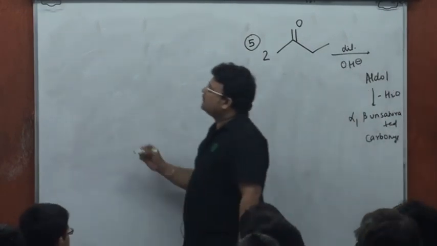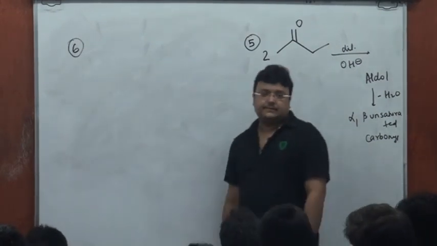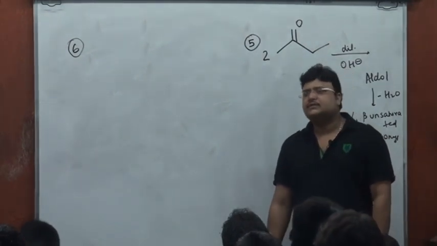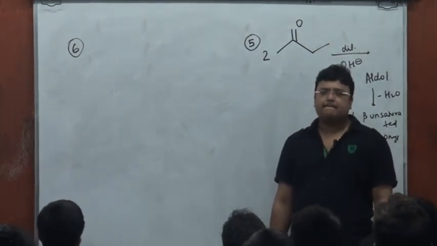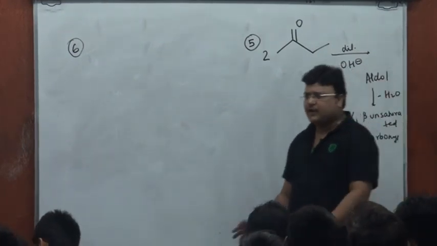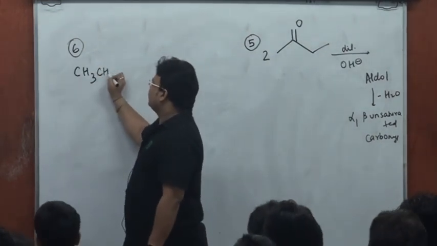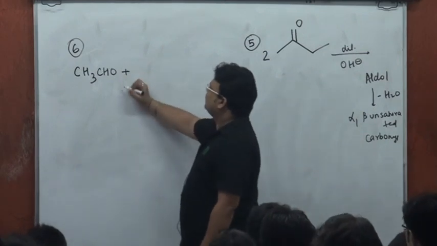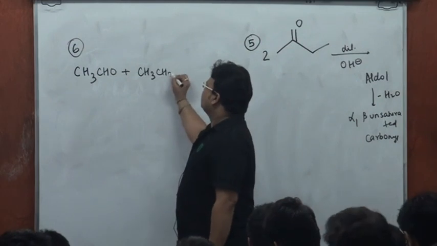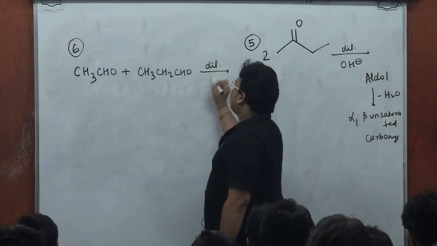Now let's take up a few more variations. So this time we have a mixture of carbonyls. You have CH3CHO and CH3CH2CHO, and to the mixture of carbonyls you add dilute OH minus.